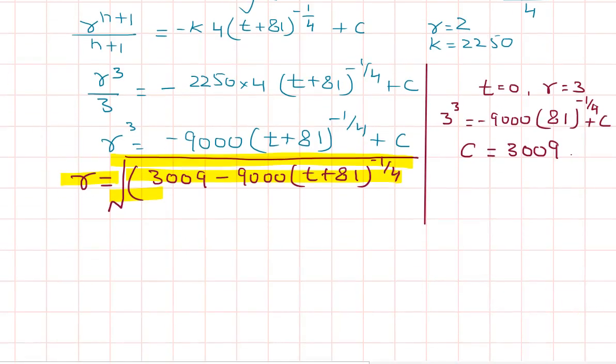Now we move to part D. Part D says, hence find the radius of the balloon when t is equal to 175.